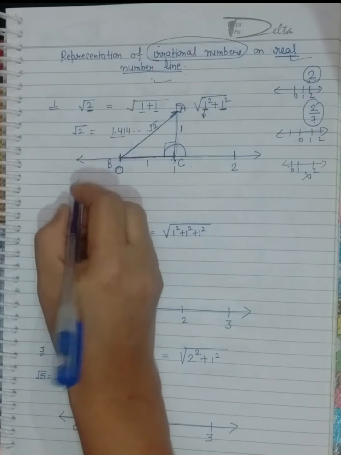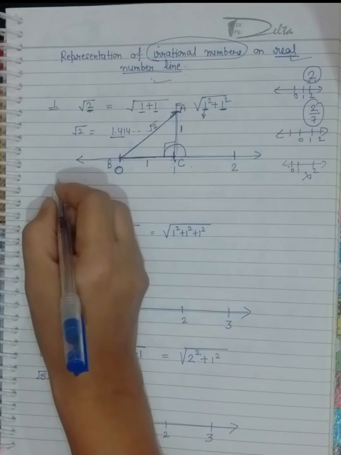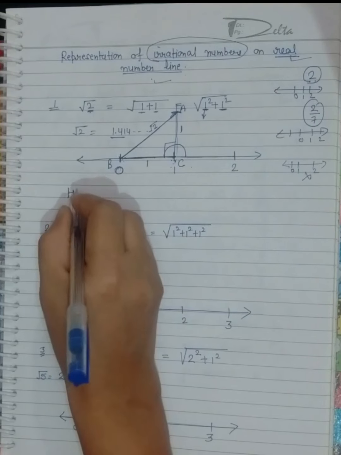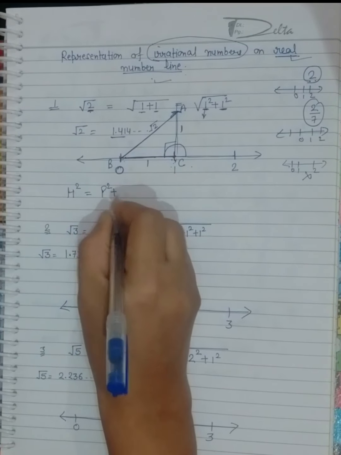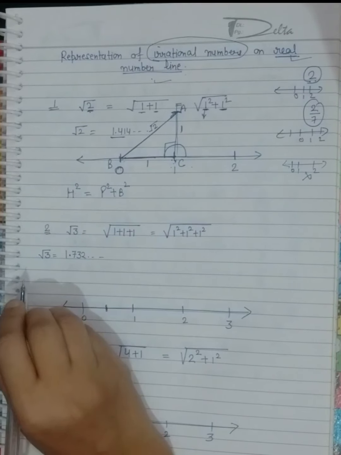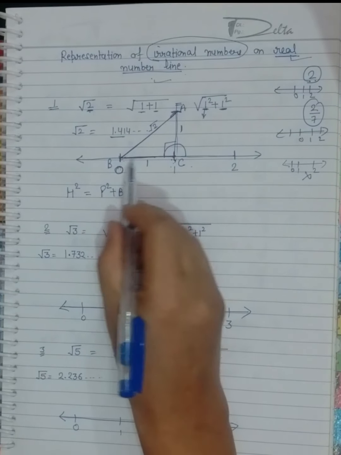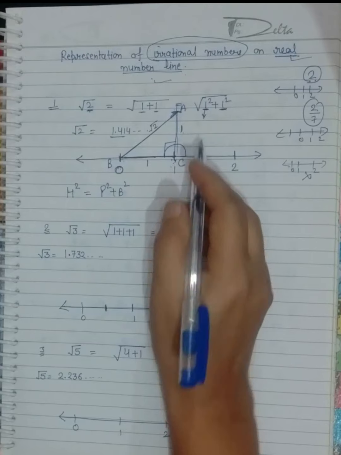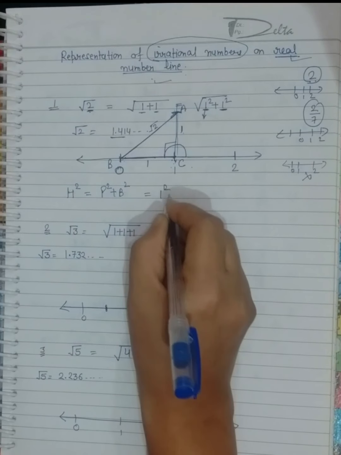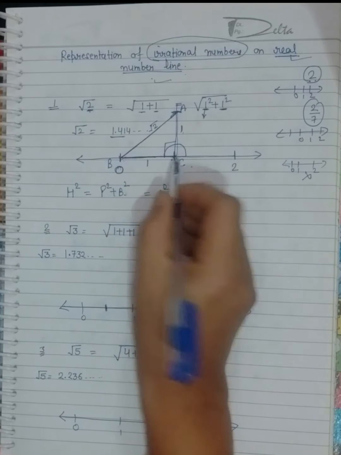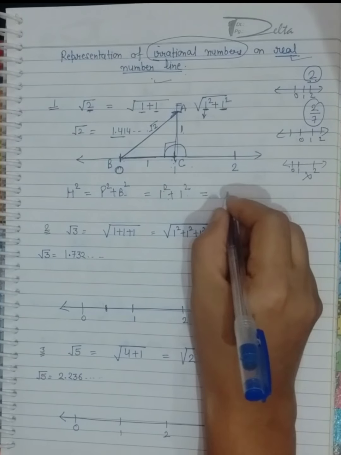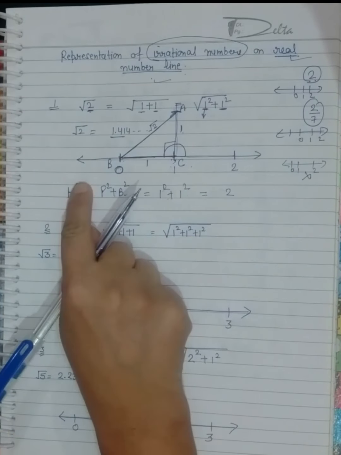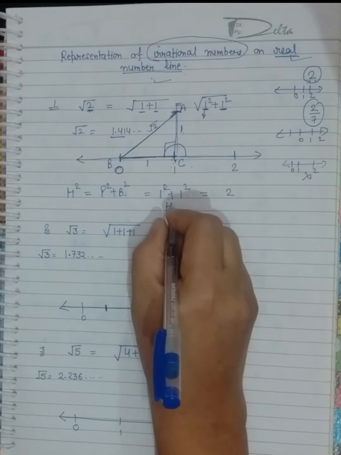And what is the formula? Pythagoras property: hypotenuse square is equal to perpendicular square plus base square. Perpendicular is 1, 1 square. Base is 1, 1 square. 1 square is 1, 1 plus 1 is 2. It means hypotenuse square is equal to 2.